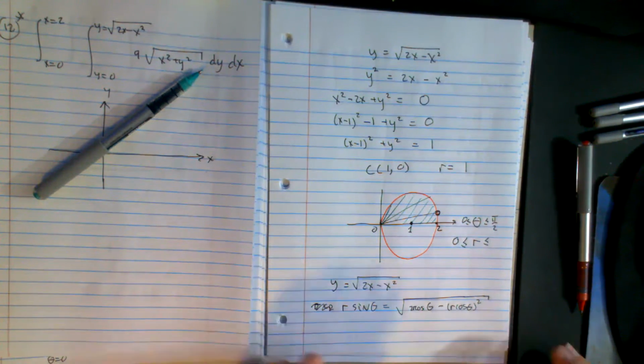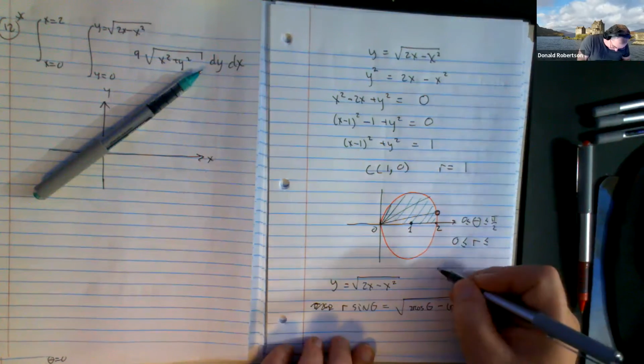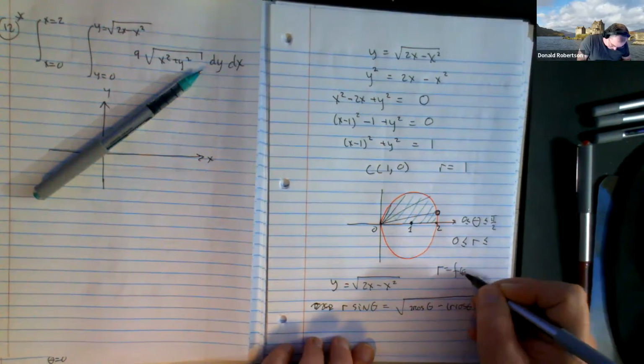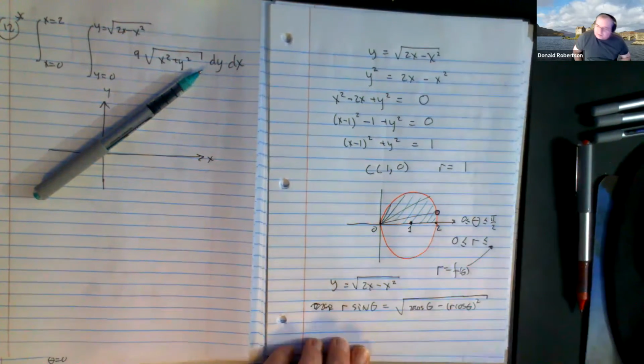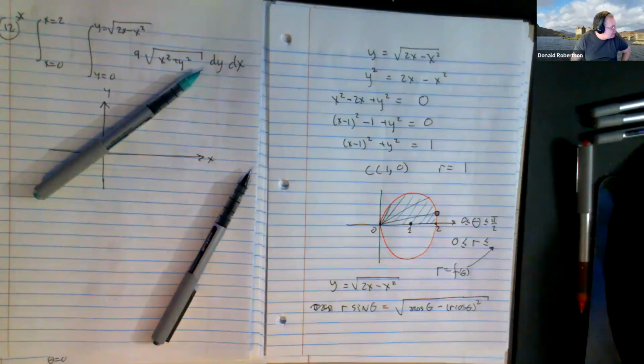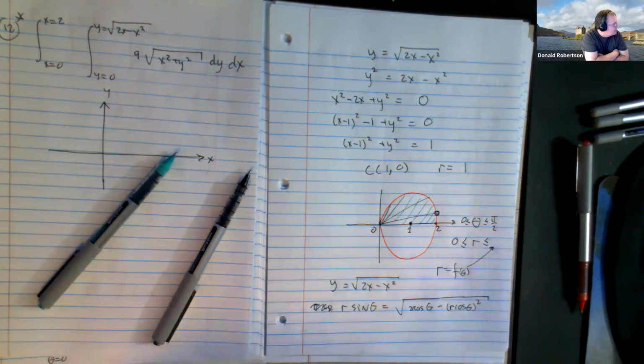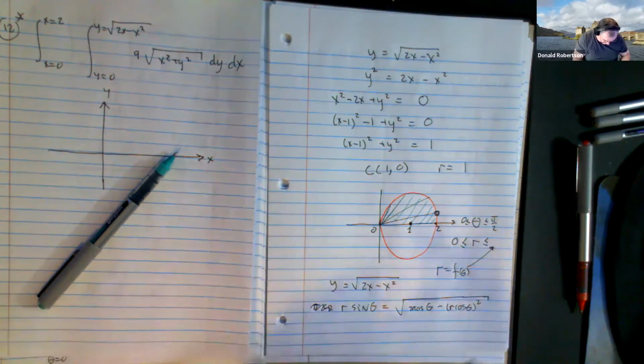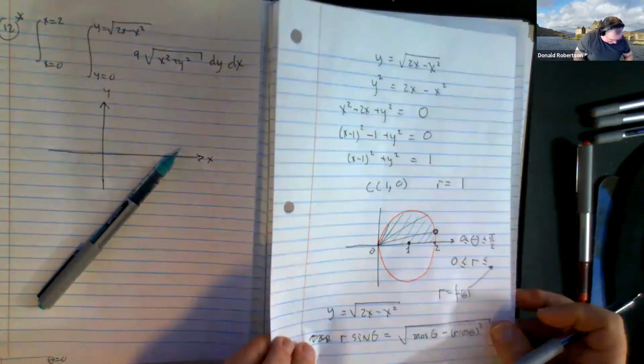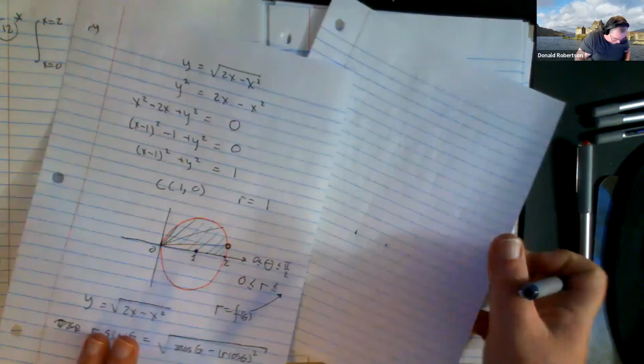Now, somehow or other, I want this to be r equals a function of theta. And once I find that, I'm putting it there. And I've already got the thing set up, so I am ready to take this guy to time. Oh, there's a 9 there. Okay. I just had a look at the answer.